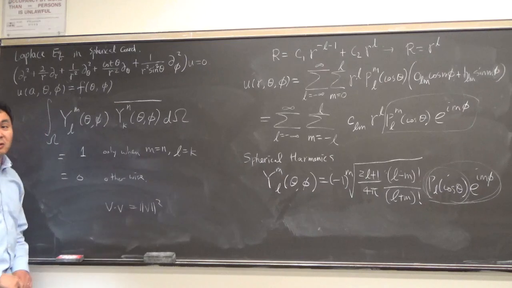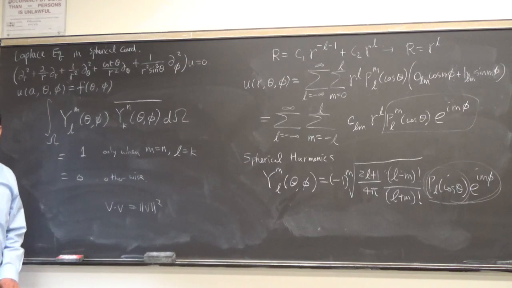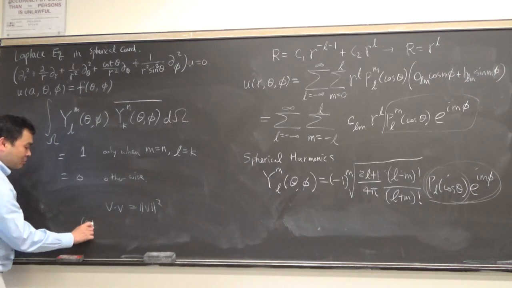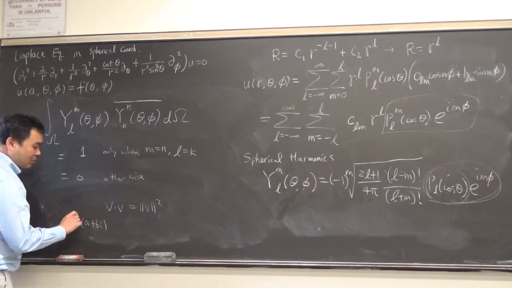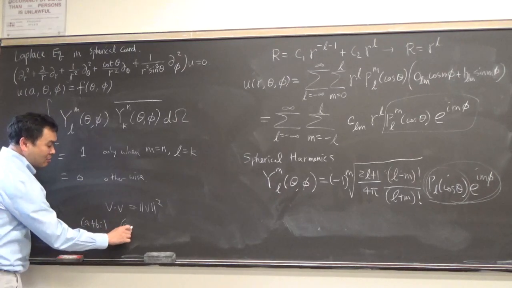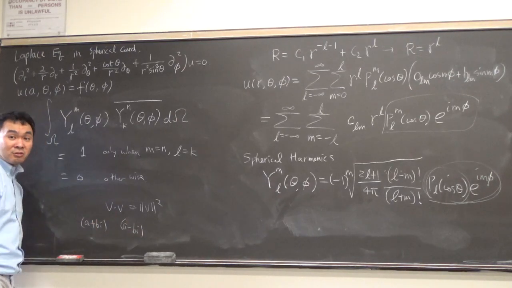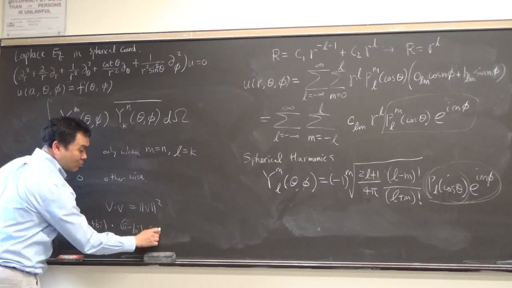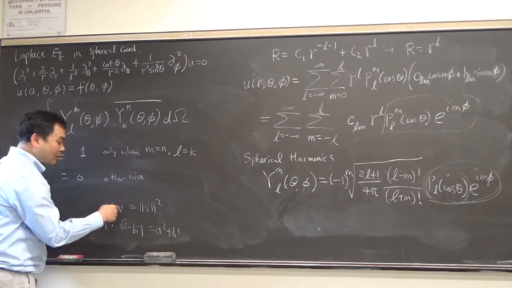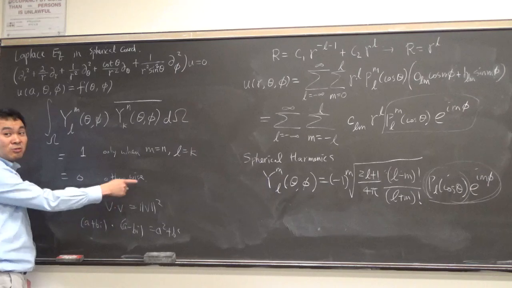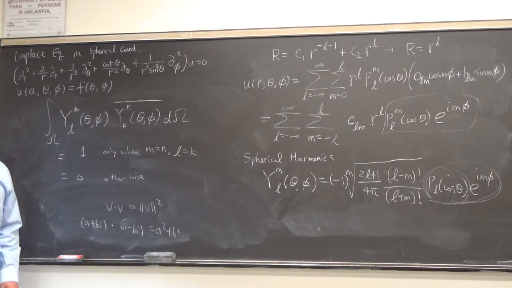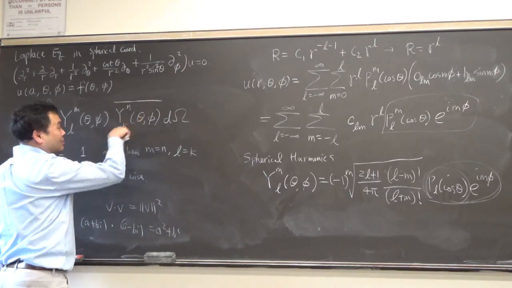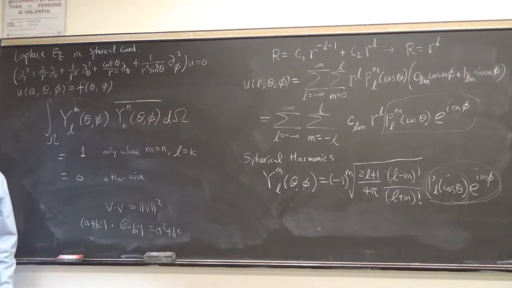What's it when a plus bi is the number? If you take the complex conjugate, you get a minus bi. That's called a complex conjugate. If you multiply these two, you get a squared plus b squared, right? So because of this, it gives you this nice property that we want. So there's this bar thingy, and this one is called the Hermitian inner product.